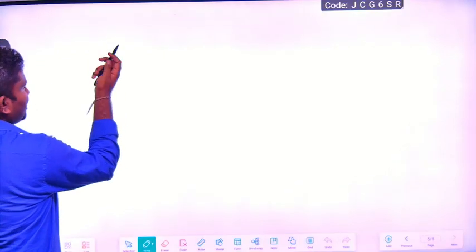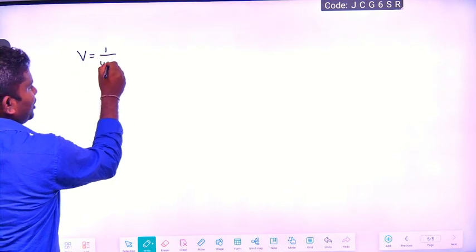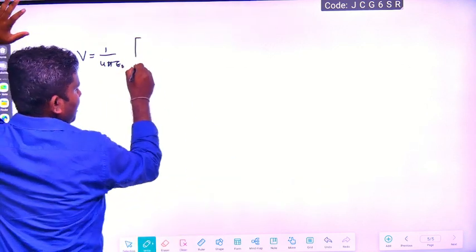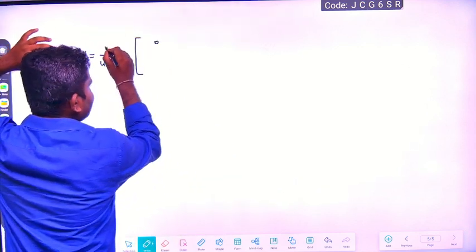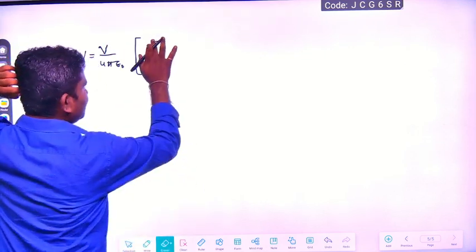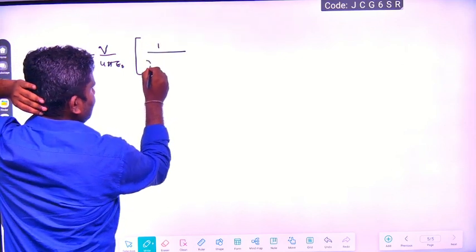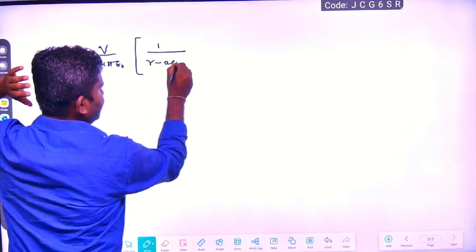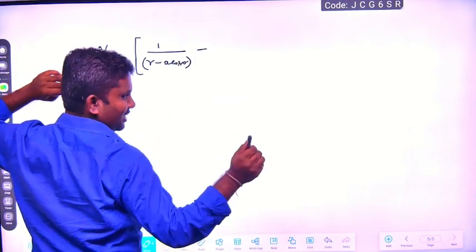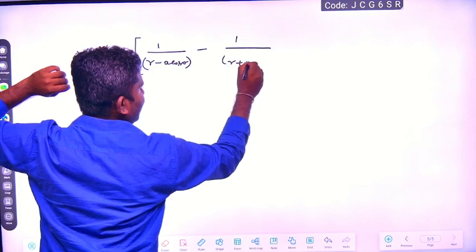Now what is the total potential? V is equal to 1 by 4 pi epsilon naught. What we got in the last slide, I will write here, Q is also common. 1 divided by R minus a cos theta, minus 1 divided by R plus a cos theta.